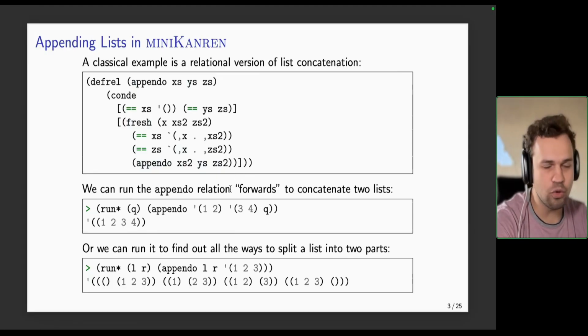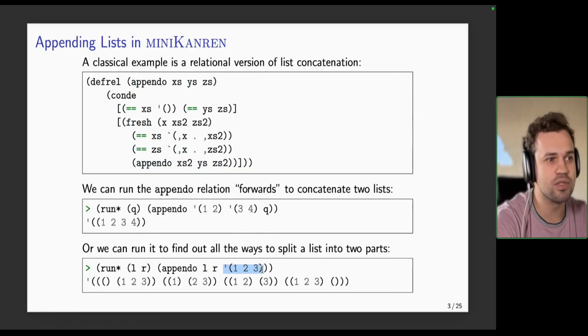Now, the important part, of course, as in any logic programming language, is that you have these modes for arguments, and you can run any relation with unknowns in different parts of the relation. So for example, you can run this concatenation in a sort of forward mode, in the sense that you have your two input lists and you want to ask what is the result of concatenating them.